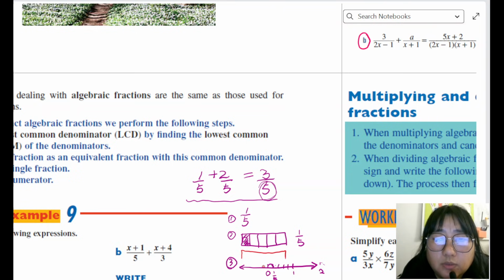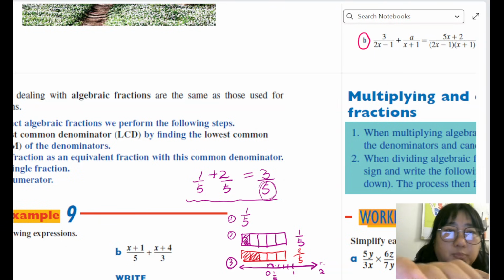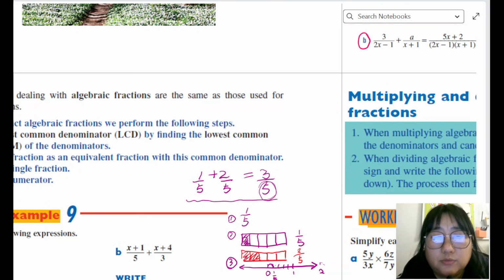And what is 2 over 5? I will draw the same size rectangle, and then I will color in 2 parts this time. So that is 2 over 5. Totally, you have this purple, add this to red, add together, then I got 3 of them.